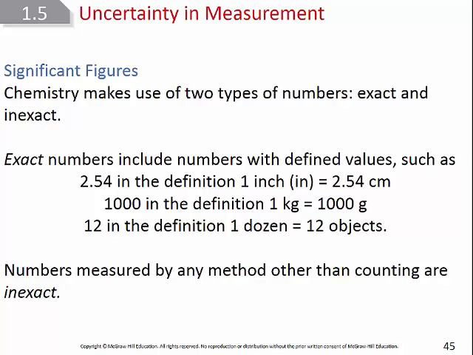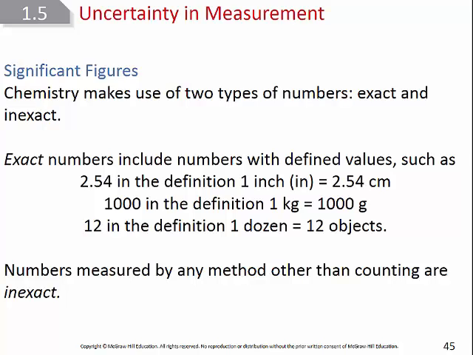So that would be an inexact number. However, 1 hour is not measured as 60 minutes. It is defined as 60 minutes. This is where I see students getting confused the most between exact and inexact numbers: with time. Time can be defined or it can be measured. Definitions of time are 60 seconds in 1 minute, 60 minutes in 1 hour.